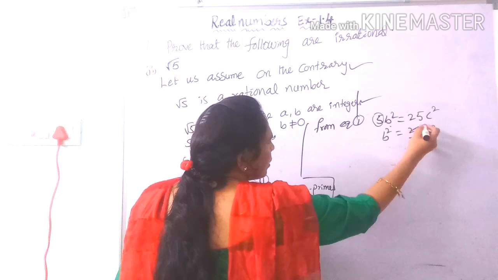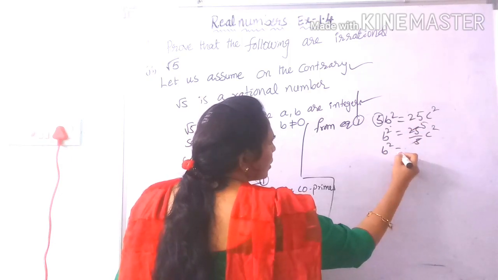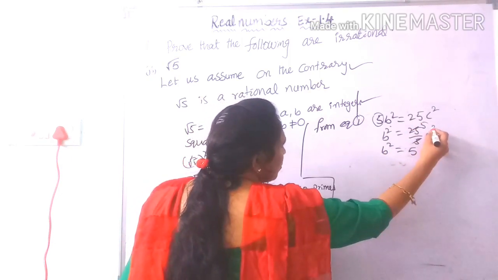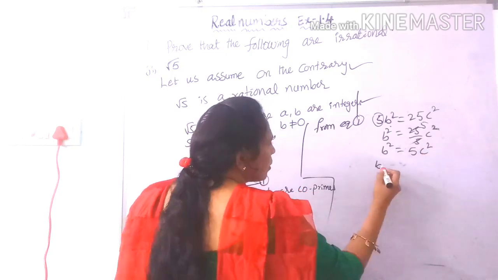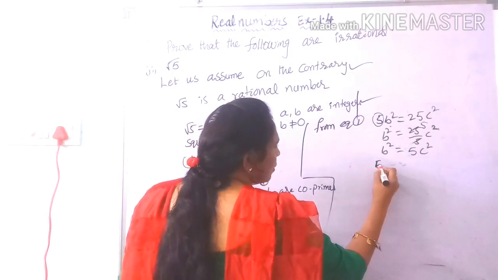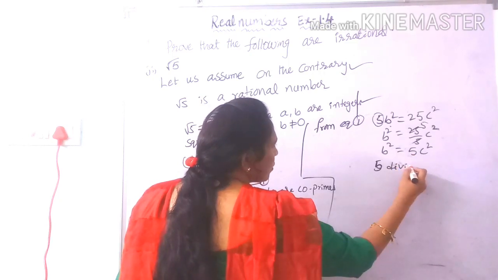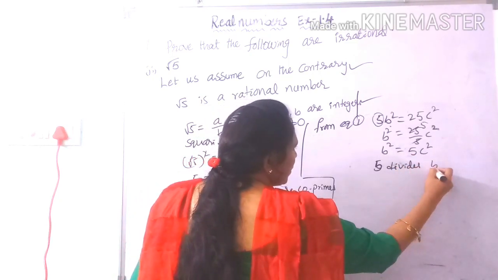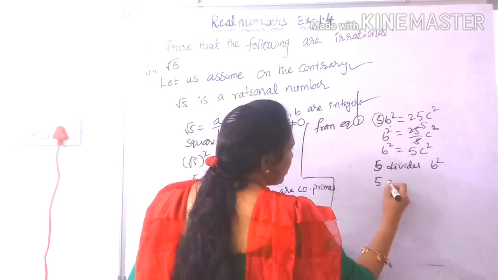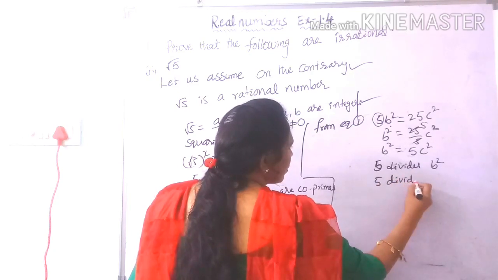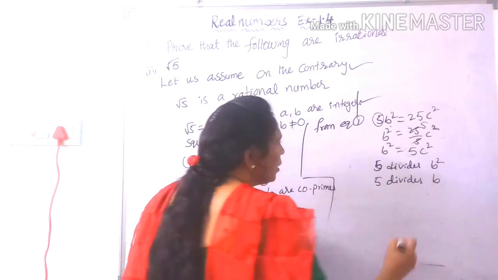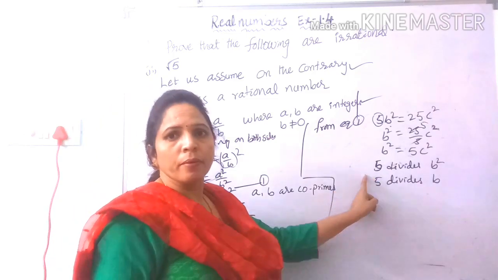So 5 ones are 5, 5 fives are 25. b square is equal to 5 into c square. 5 divides b square and also 5 divides b. This common factor is 5.